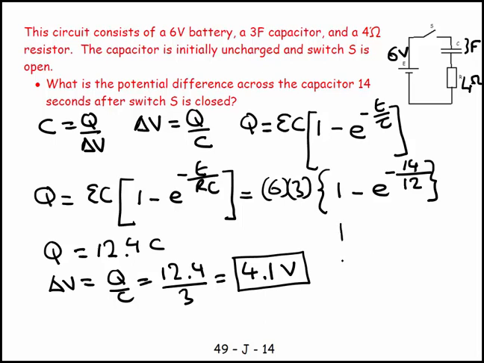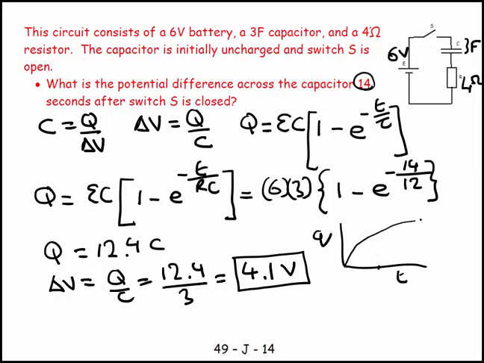Let's just think about things. So this is Q and this is t, and my point of interest is just beyond the time constant. The time constant is 3 fours are 12, so there's 12.